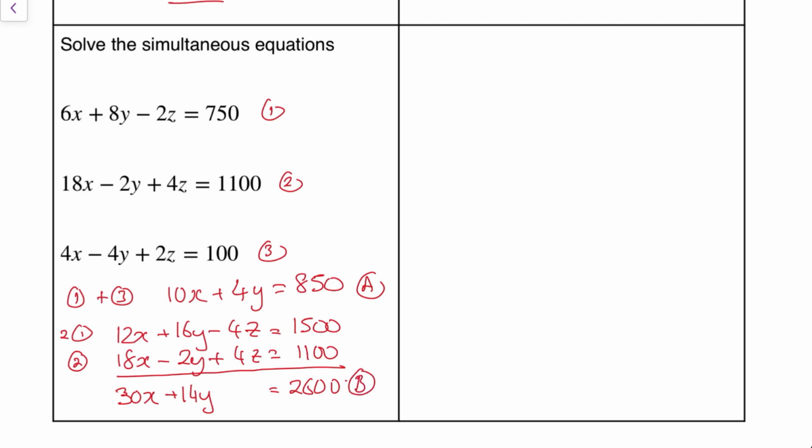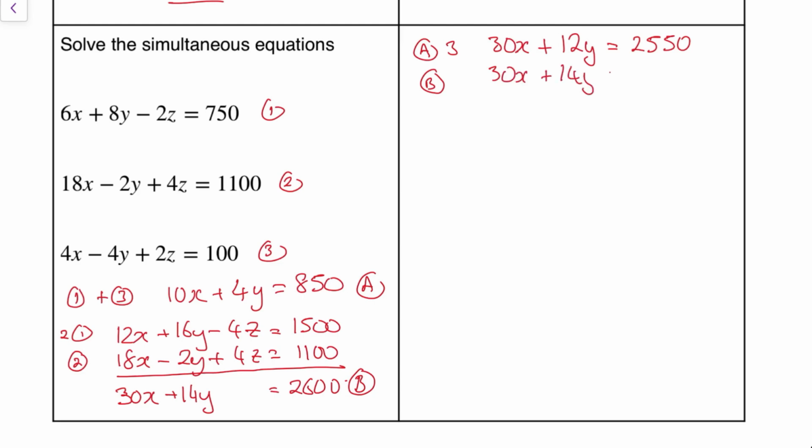Now, let's do A times 3, because we're going to get rid of the x's. So that's going to give me 30x plus, what am I doing, 3, so 12y equals 850 times 3 is 2550. Yes, it is. Good, happy with that. And then B, well, this one, I could just write this down, can't I? That's going to be 30x plus 14y.